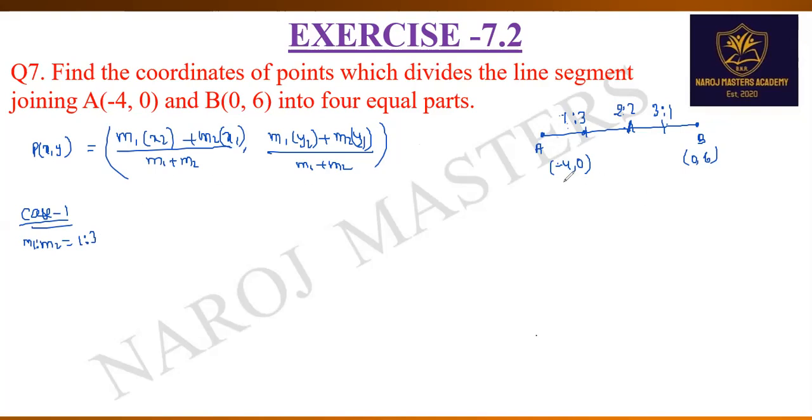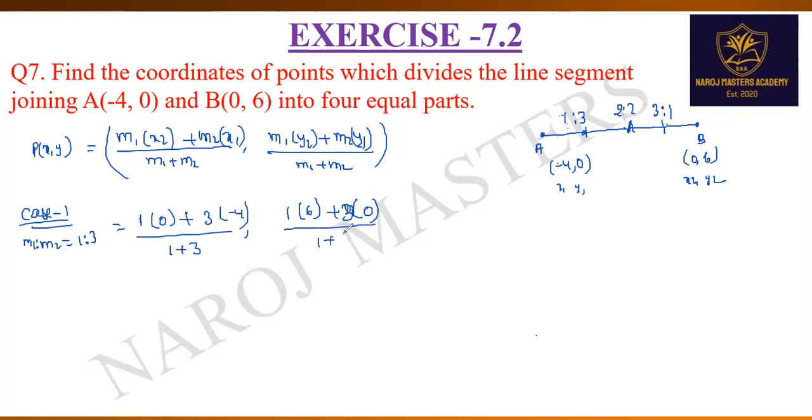So x1 comma y1 are minus 4 comma 0, and x2 y2. Here m1 is 1 and x2 is 0, plus m2 is 3 and x1 is minus 4, by m1 plus m2, that is 1 plus 3, comma 1 into y2 which is 6, plus m2 that is 3 into y1 which is 0, by 1 plus 3.